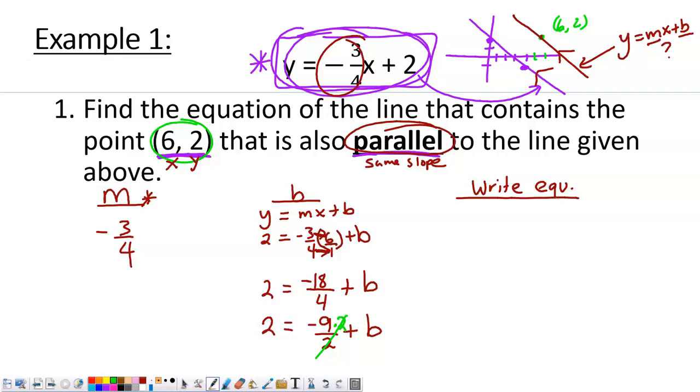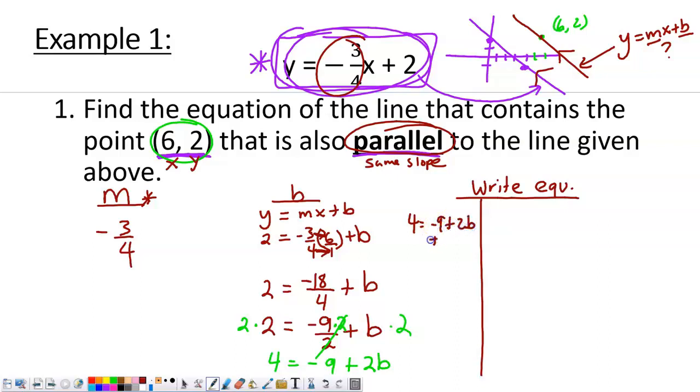And you're allowed to do that so long as you also multiply everything else by that bottom number. Okay? So what that leaves me with then is 4 equals negative 9 plus 2b. And now I have an equation that's a little bit easier to solve. I'm running out of space here, so 4 equals negative 9 plus 2b.